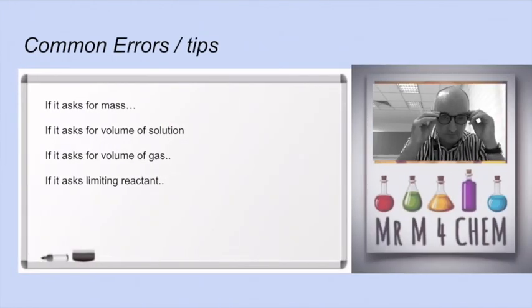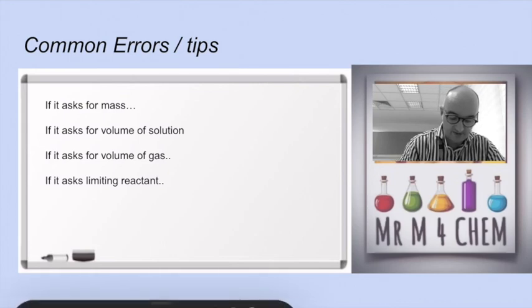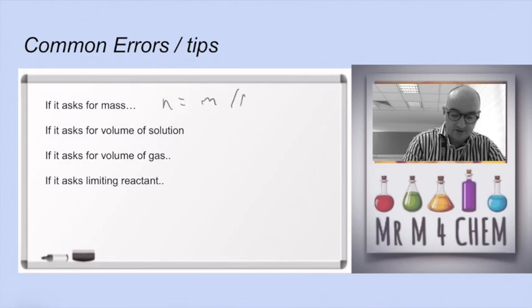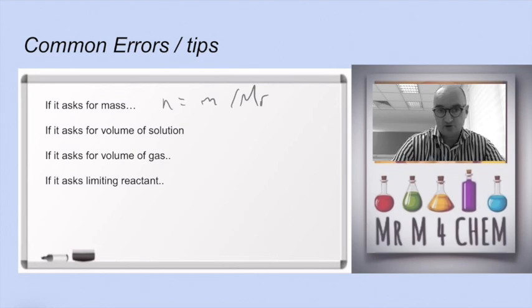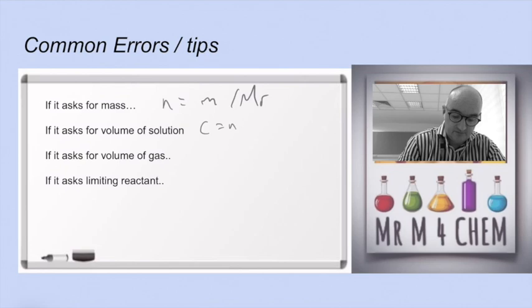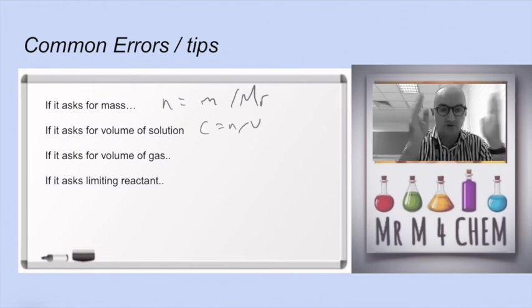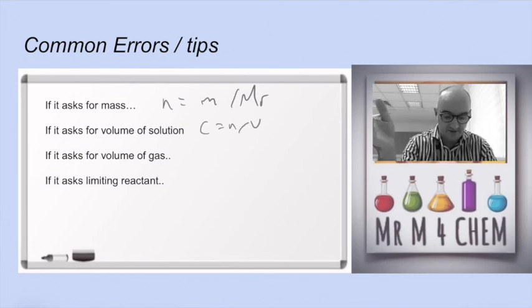Common errors. Students seem to use the wrong equation quite a lot for the question that's being asked. If it talks about mass, all you're using is n is m over Mr. However you've been taught, use it. If it asks for volume, c is n over V. That's the only equation with volume in your syllabus.